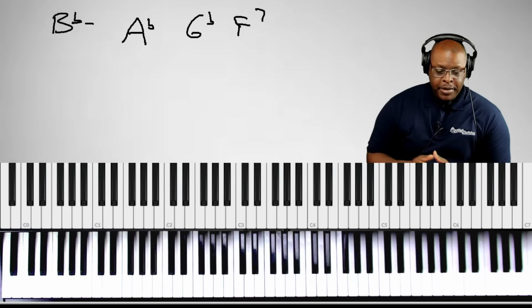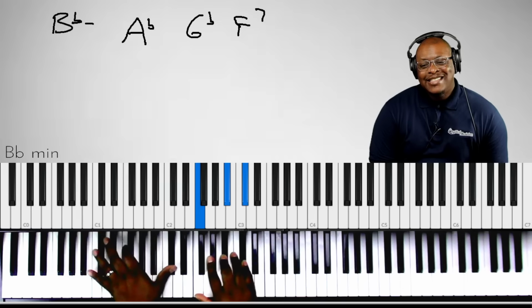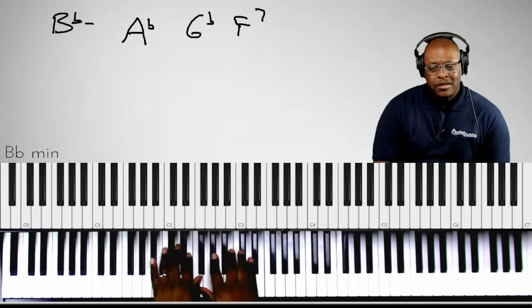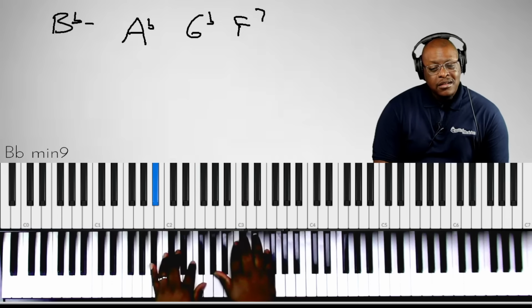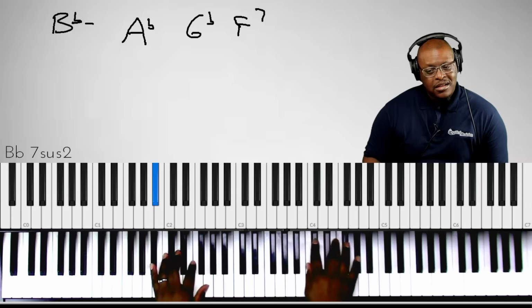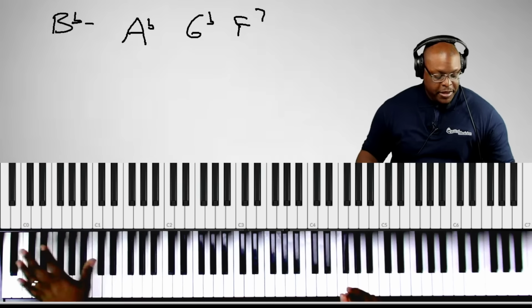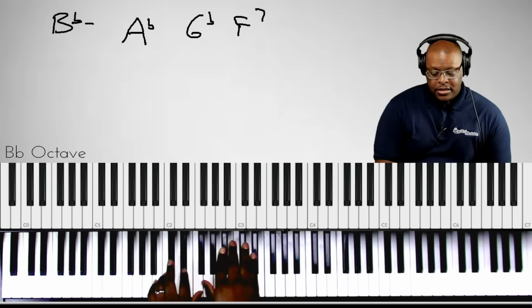So let's say our B flat minor, right? And I can simply invert this chord. So just the right hand. Or if I played the root down here and just use two hands, you know, like.